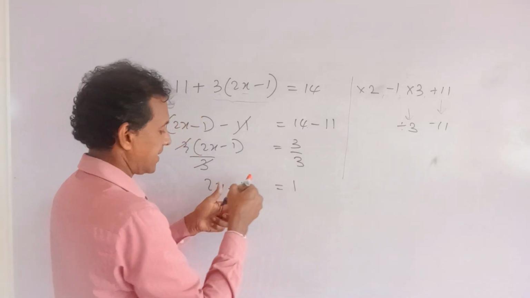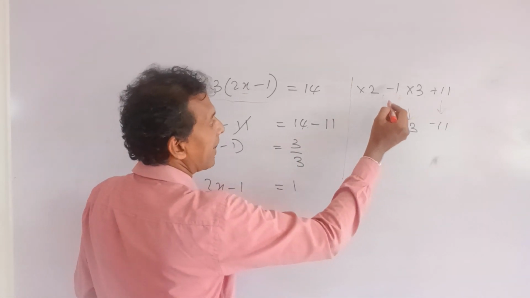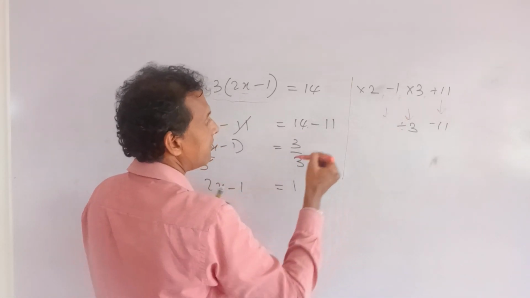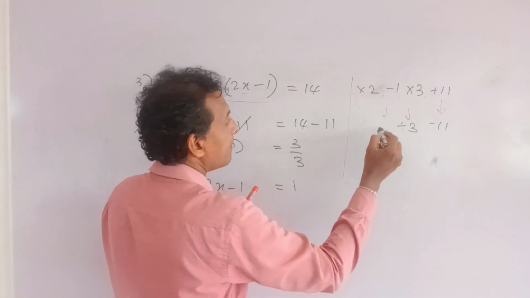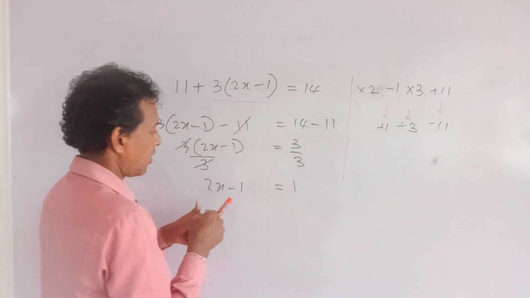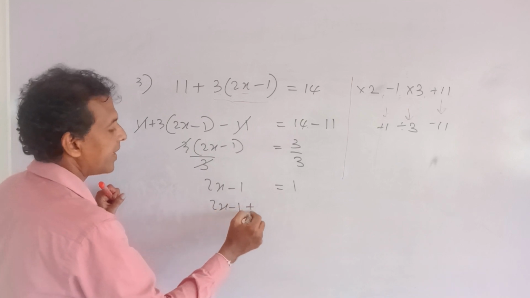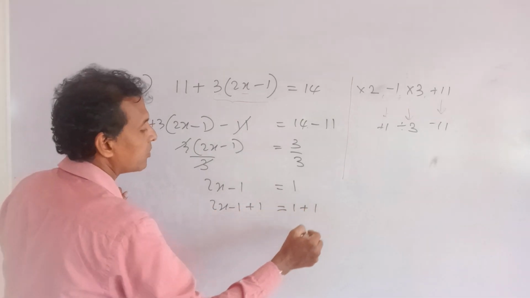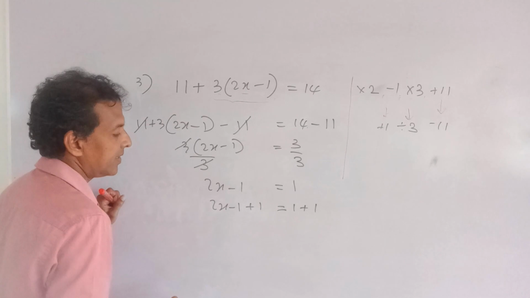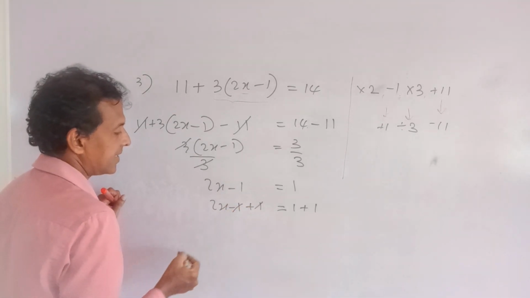Now the next operation, we have minus 1. So what is the inverse operation of minus 1? Plus 1. So now add 1 to both sides. 2x minus 1, add 1 to both sides. Right? So the 1 again gets cancelled.